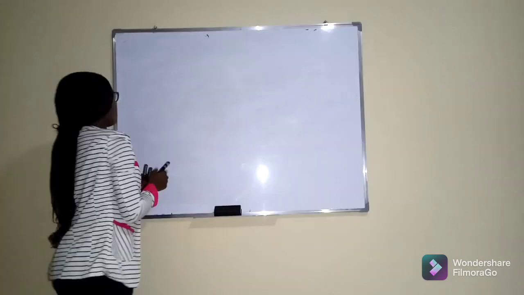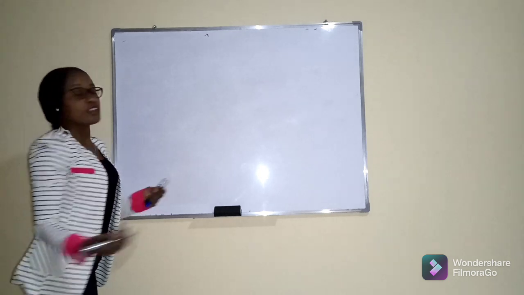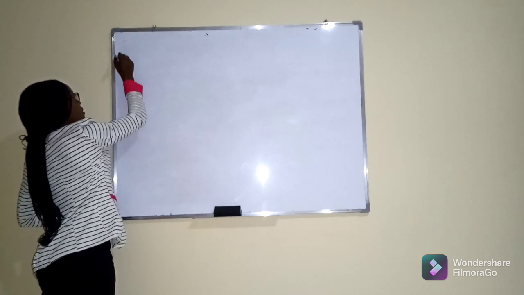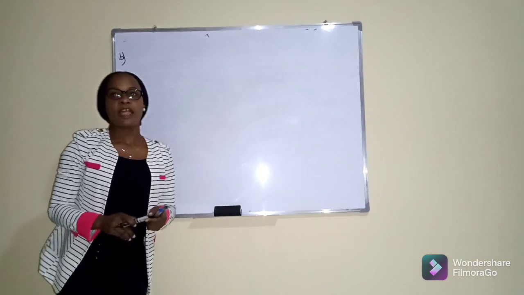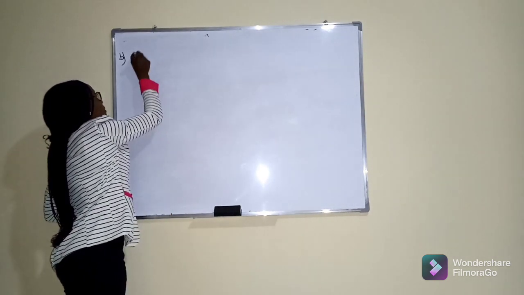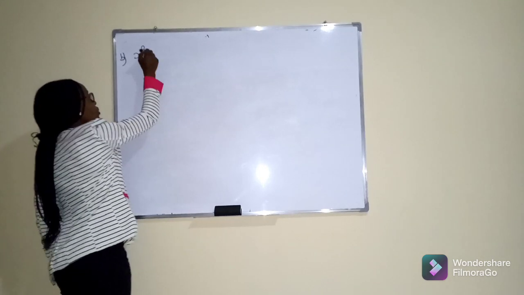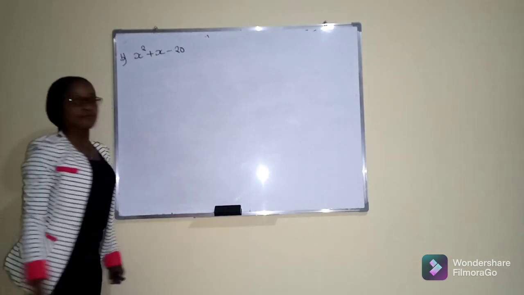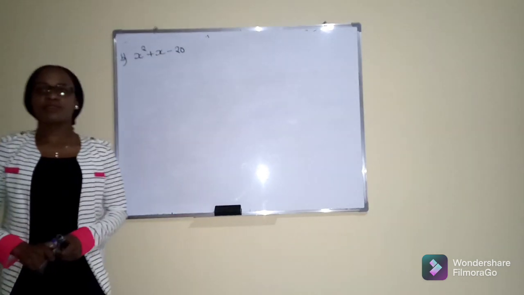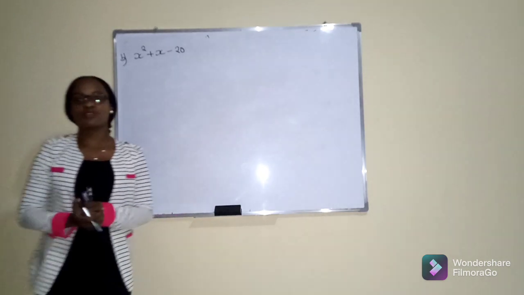Okay, so our second example, already you know we are sketching the graphs. So our second example, which is going to be B, is x to the power 2 plus x minus 20.